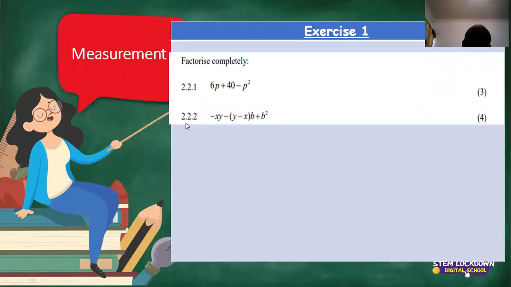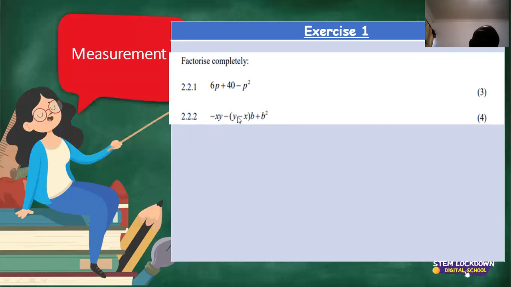Then the next one, 2.2. Factorize completely -xy minus (y minus x) b plus b squared. To factorize this completely, we need to first open up the brackets, and then we group them. We factorize this by grouping.